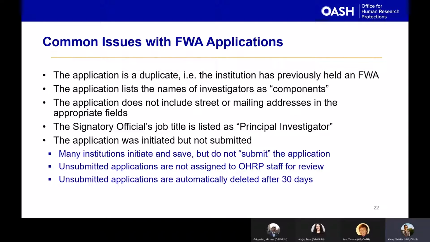Another common issue occurs when the signatory official's job title is listed as Principal Investigator or something else that doesn't reflect their ability to agree to the terms of the FWA on behalf of the entire institution. Other issues arise when applicants save but do not submit the application. Please remember to follow the instructions in the online portal very carefully to make sure the application is submitted and not merely saved. If you encounter any difficulties, please reach out to our office for assistance.